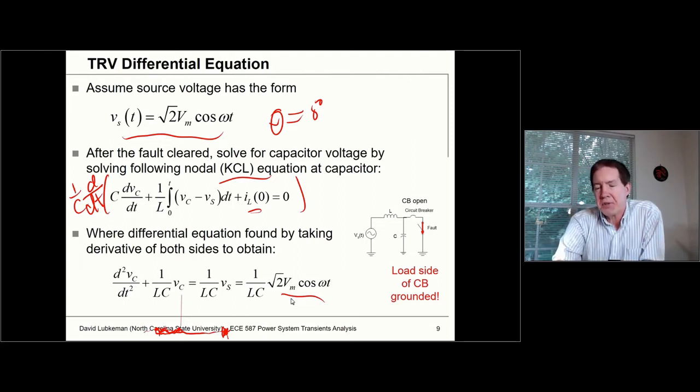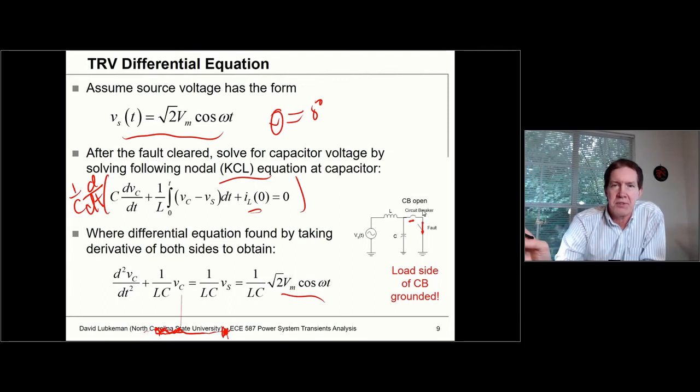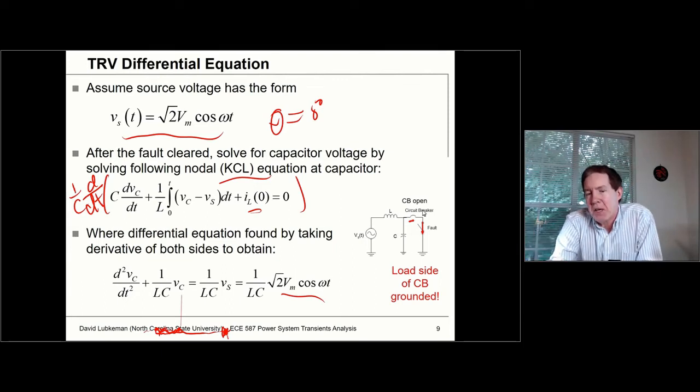Note that in this case the circuit breaker is open, but the fault is still assumed to be there. So think about the fault as being zero resistance. What does this mean? What the circuit breaker sees is the capacitor voltage. So the circuit breaker voltage is the same as the capacitor voltage.